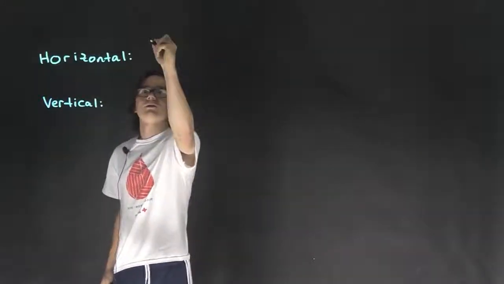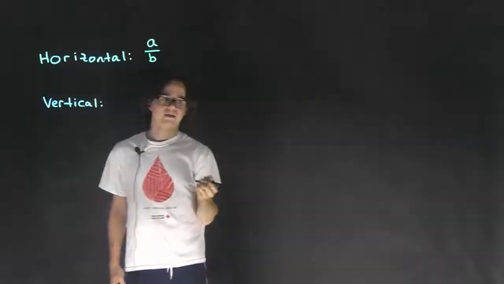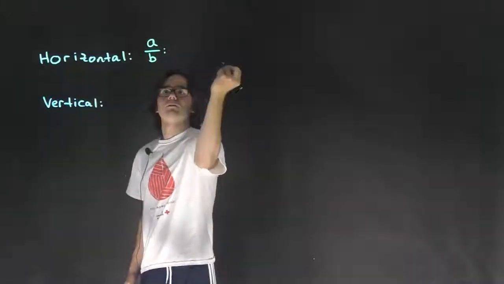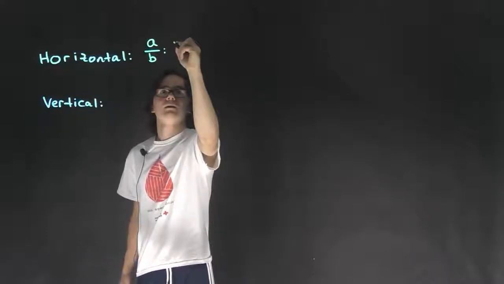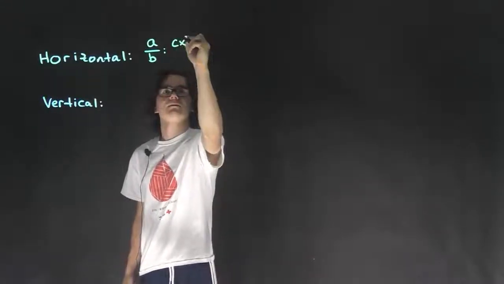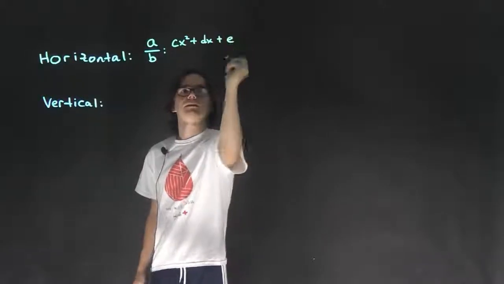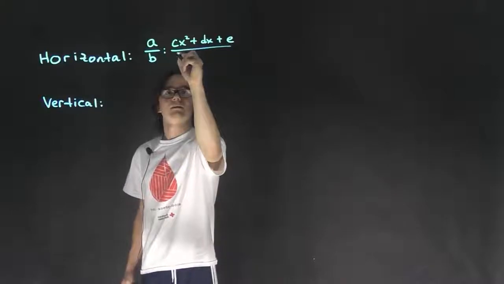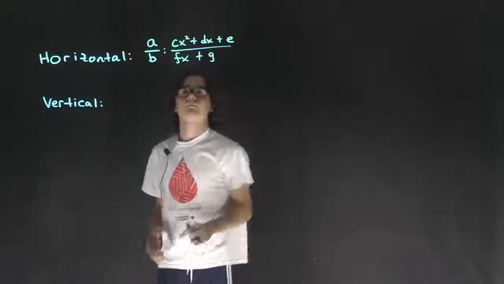If we have a function a over b, we need to look at the highest exponent of this function. We'll take both of these to be polynomials. We'll say the first function is cx squared plus dx plus e, and the bottom function is fx plus g.